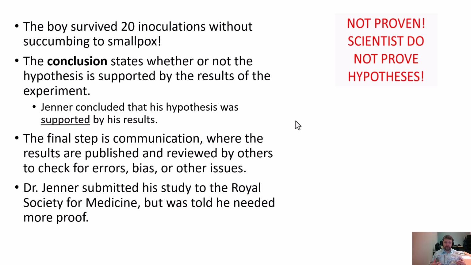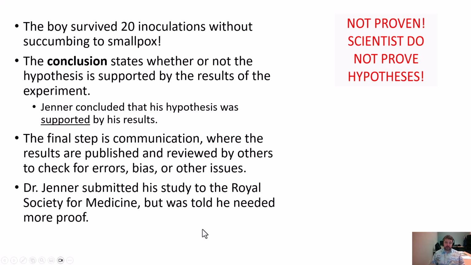They may come back and say, this is a good start, and that's what they told Jenner, but you need more proof. Your sample size is 1 individual. That's one of the nice things about science, that it's always checked. It always has a check and balance and tries to prevent biases from popping up, or tries to prevent pseudoscience from sneaking in and getting a publication out of it.